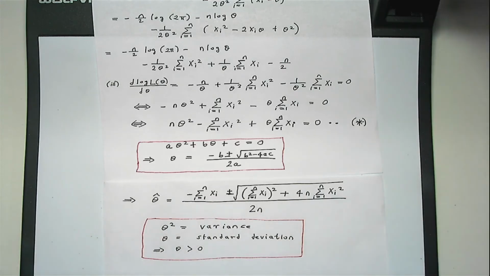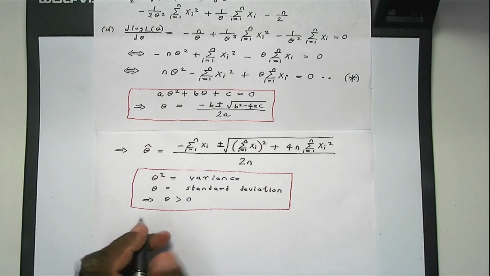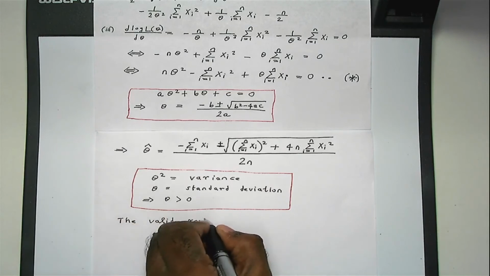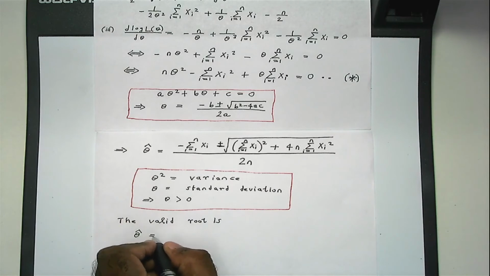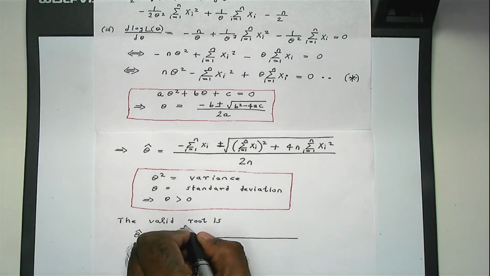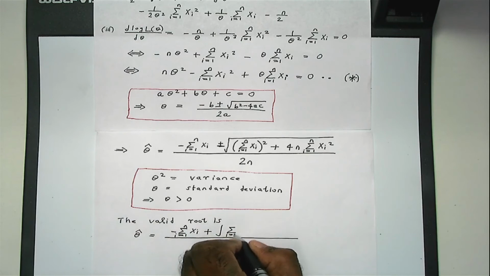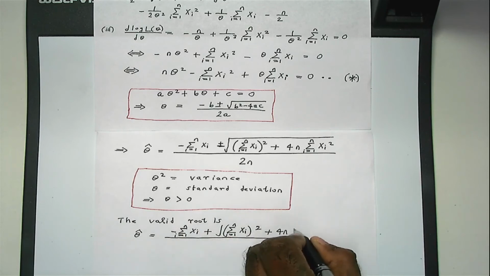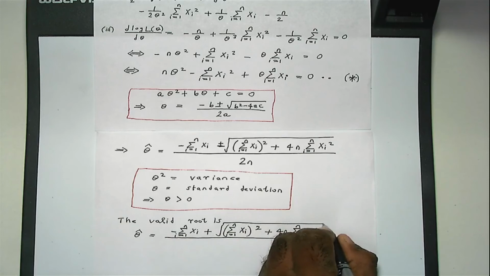So the valid root for theta hat is the following: minus the sum of xi plus this plus 4n, divided by 2n.